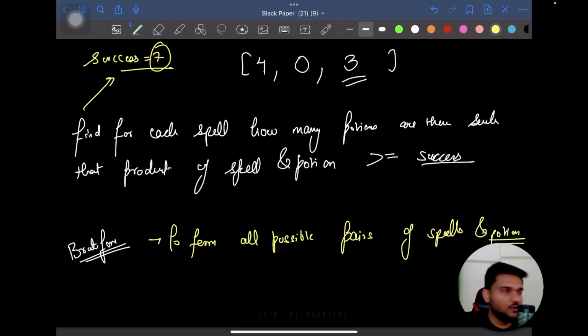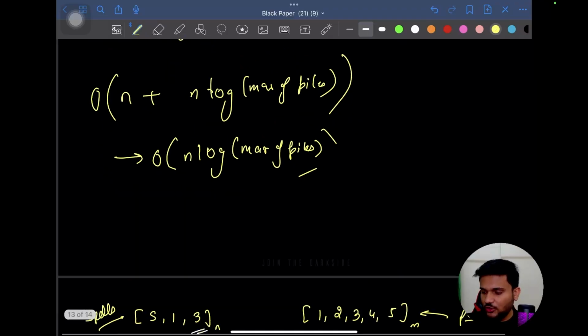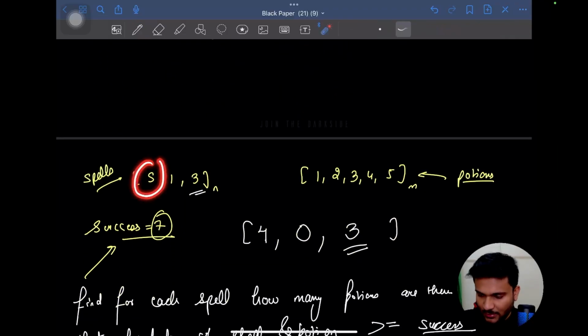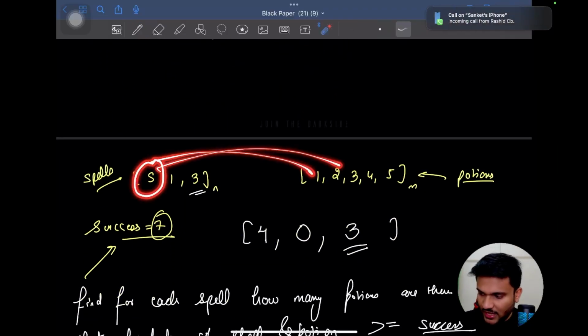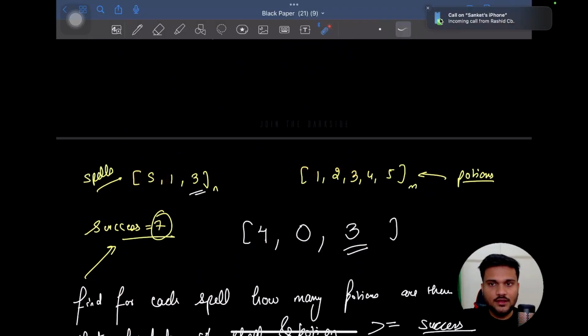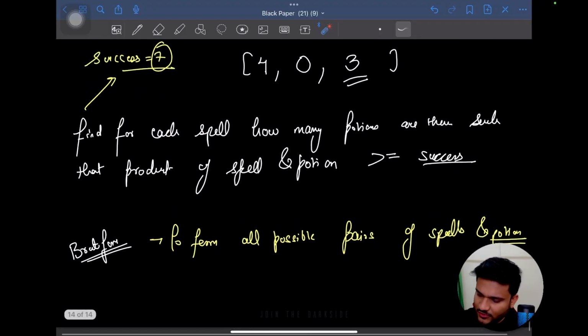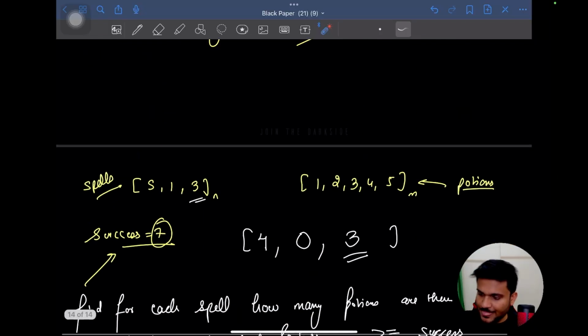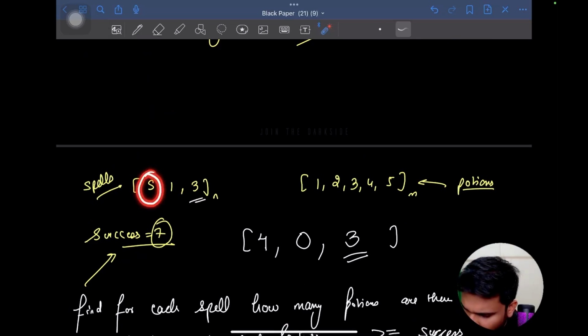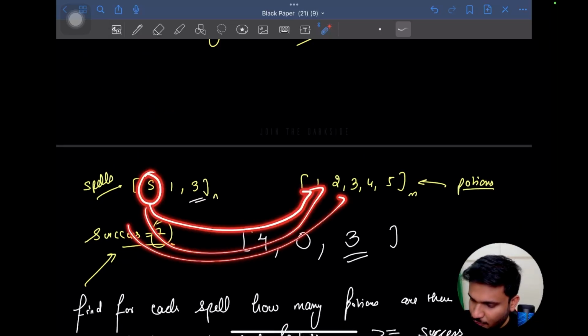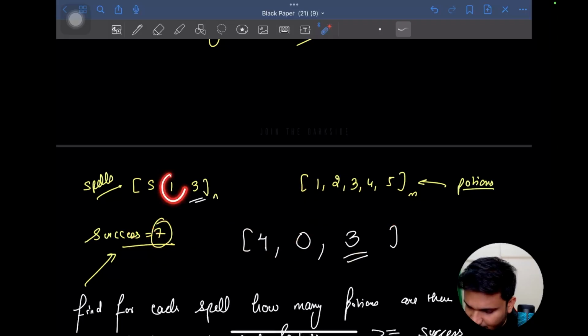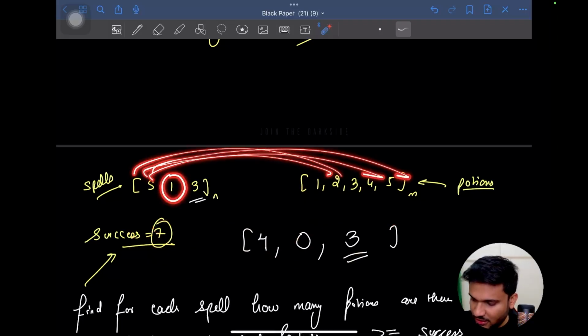You are going to take one element of spells and pair it up with every element of potions. So the brute force is to form all possible pairs of spells and potions. You take a spell and pair it up with every potion, then you take another spell, pair it up with every potion, and so on.